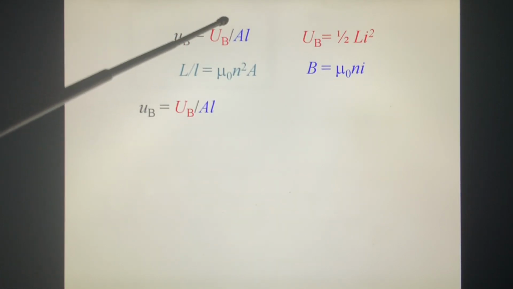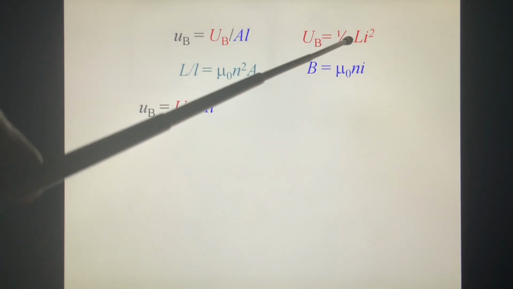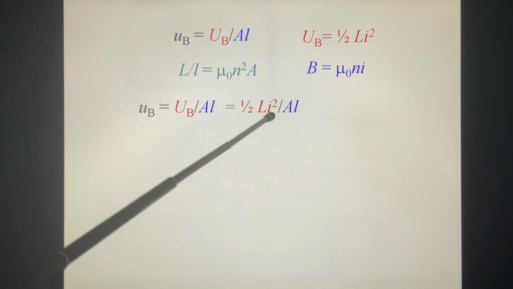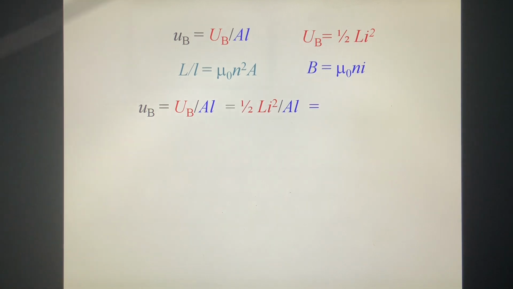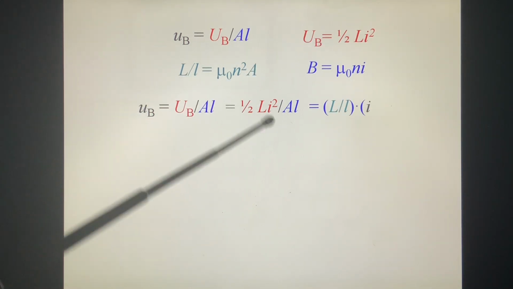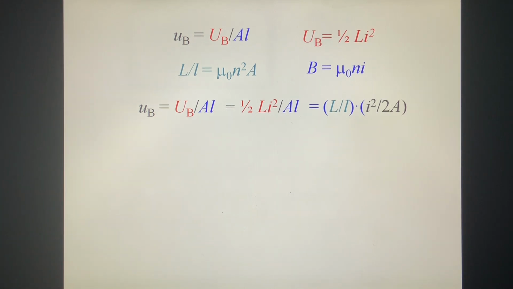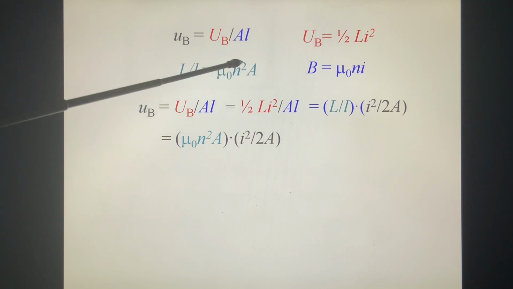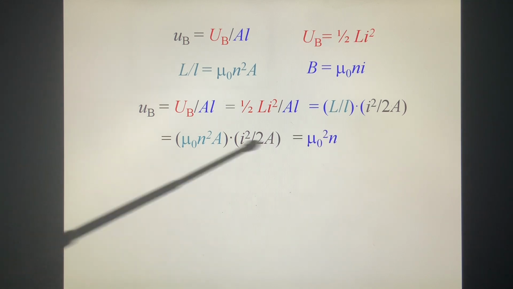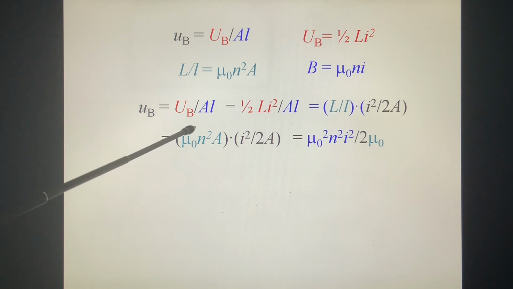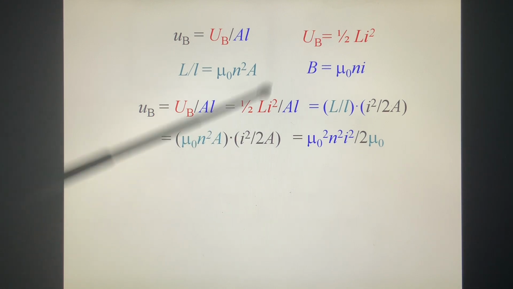Now we do this one. We put this one inside, half L I squared, and that's it. And we find out, L over l, big L over small l, equals mu 0 n squared A. We put this one inside, and A cancels out. So we write it: mu 0 n squared I squared over 2.